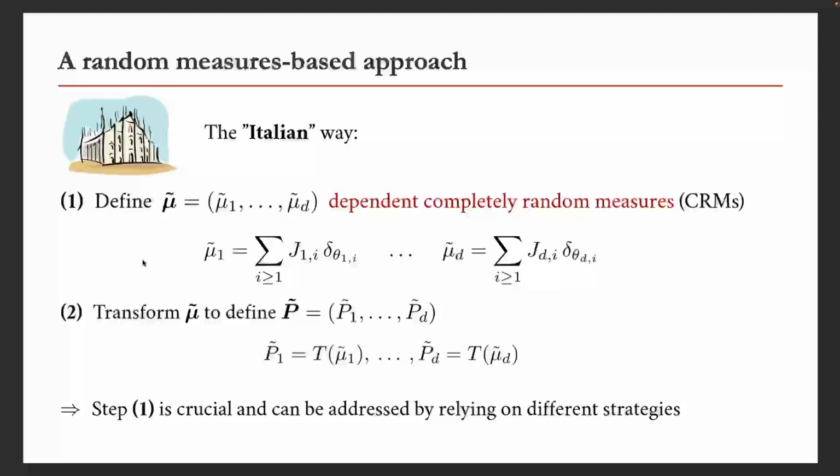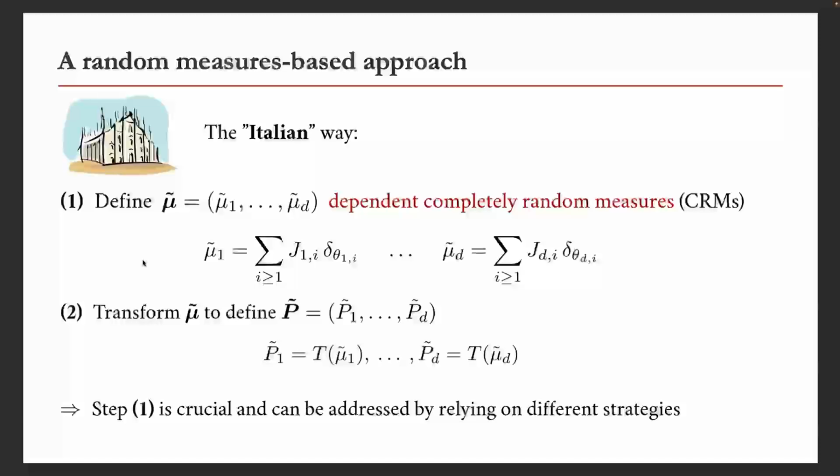And here, the idea is very simple. Instead of relying on a stick-breaking approach, you consider random measures without deterministic drift and without fixed jumps, as the one I'm describing here. And the idea is to have dependence across them, and the dependence can be imputed either through the jumps or through the locations, and then obtain the dependent random probabilities by considering transformations of these completely random measures.